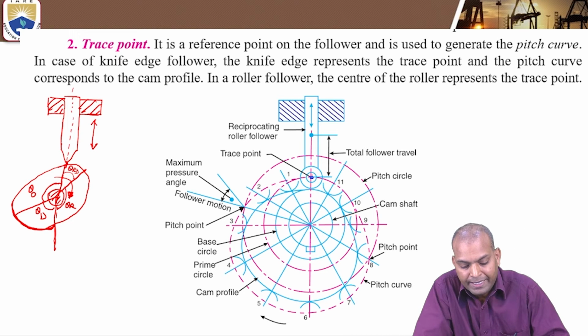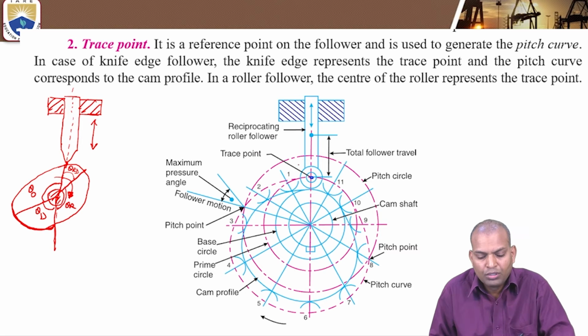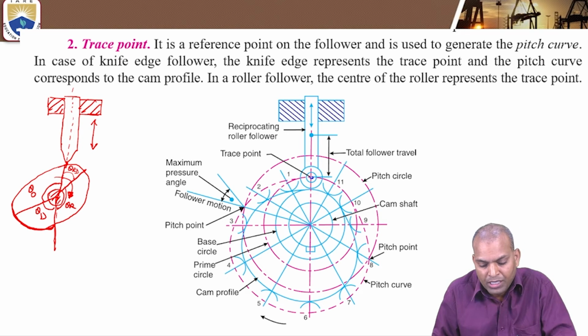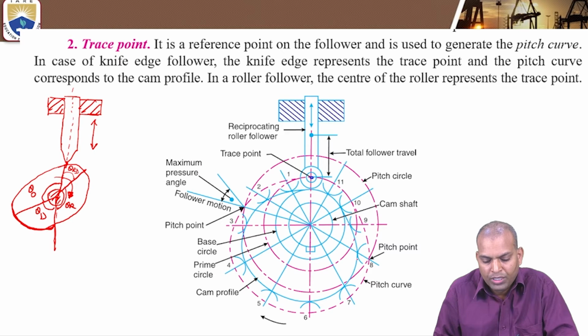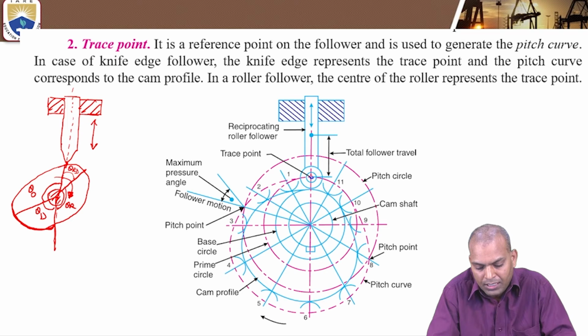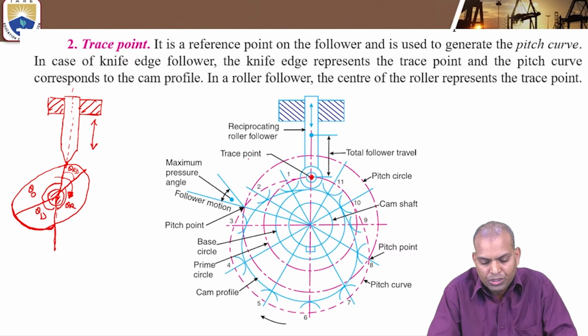Here, this figure indicates the roller follower. In this roller follower, what is the tracing point? The tracing point is the center of the roller. This is the center portion, it is blinking. That portion is the trace point.